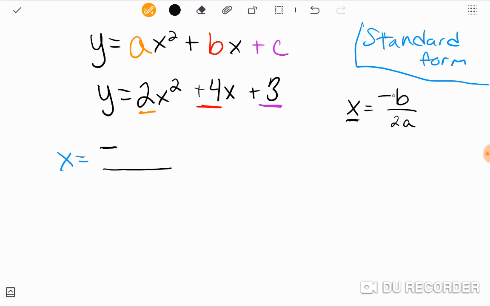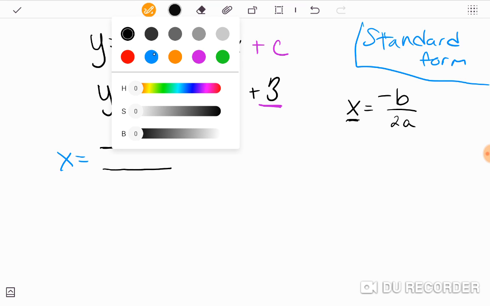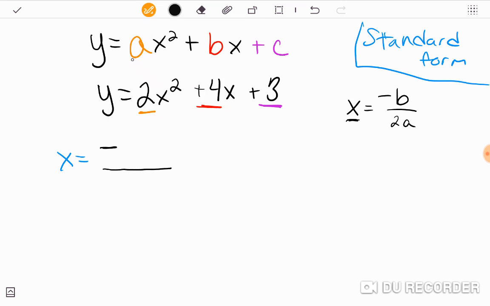Remember that negative sign is completely unrelated to what our b value is. So our b value is a positive 4. This positive sign goes with that 4. It's a positive 4. Okay, look, red, red, red. You can kind of follow along to see where it's coming from.